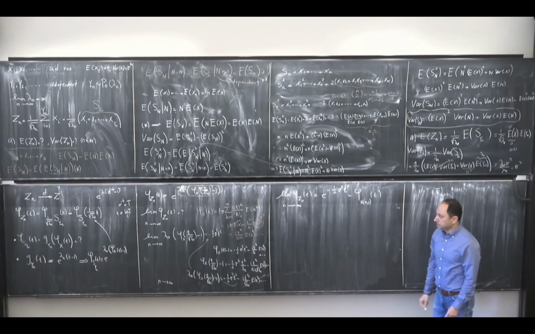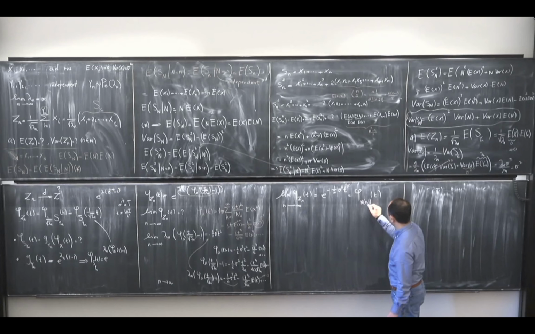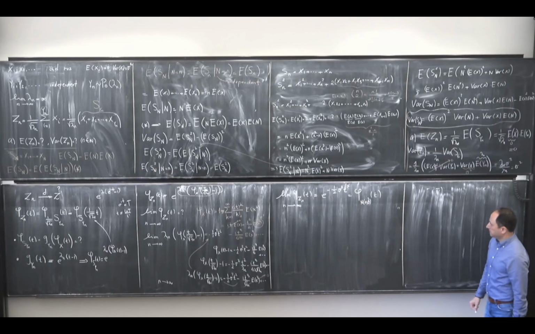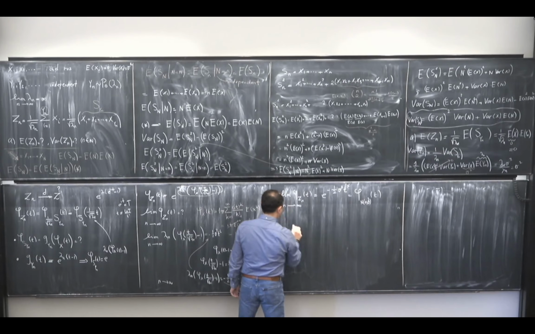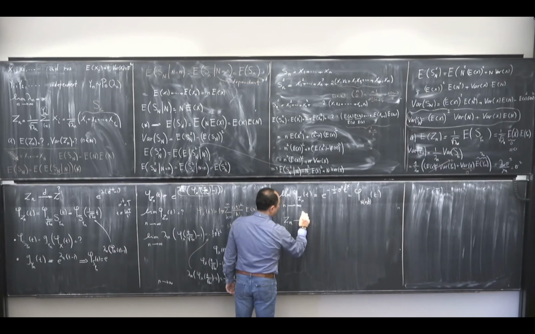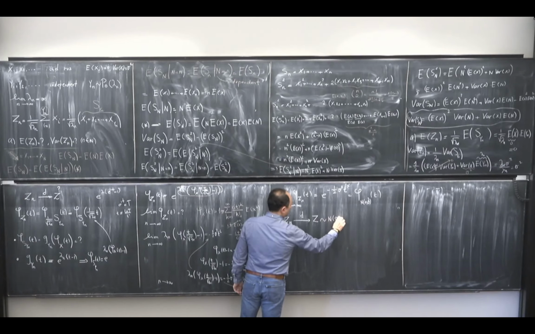No, it's a sigma squared. Oh, that's good. Standard normal is just 1 over 2. Yes, here should be sigma squared. Oh, yes, thank you. Sigma squared. So if the limit of phi is this, what can you conclude about this? Z has this distribution. Yes?